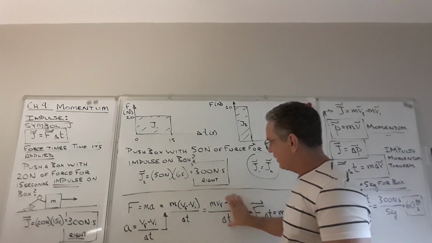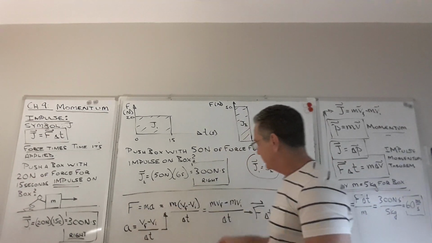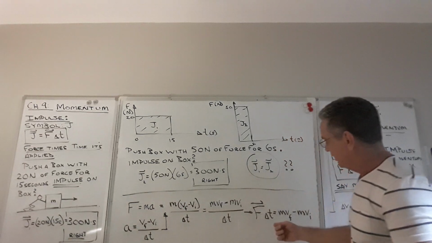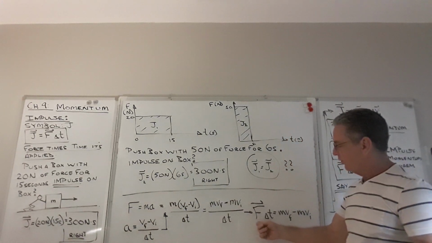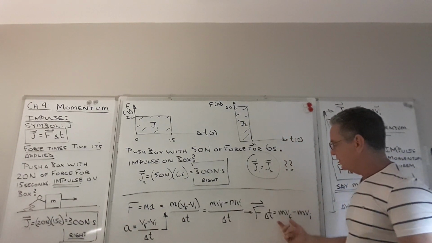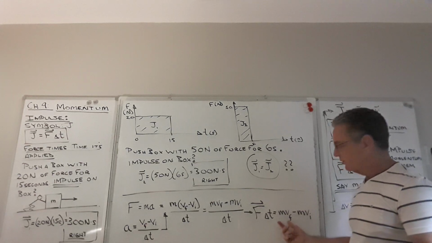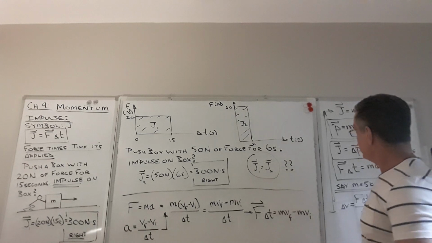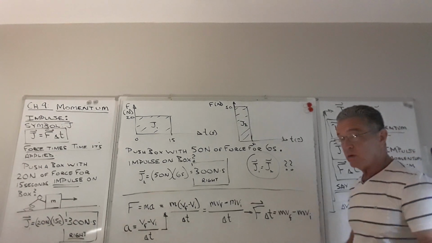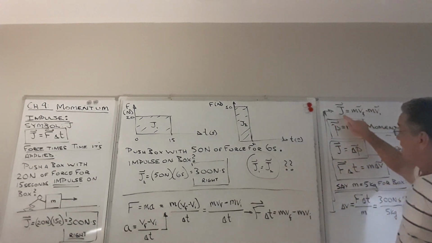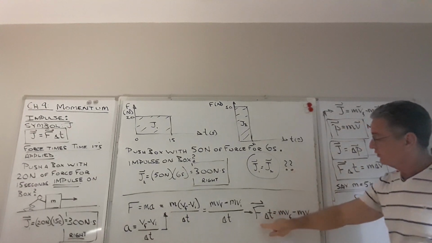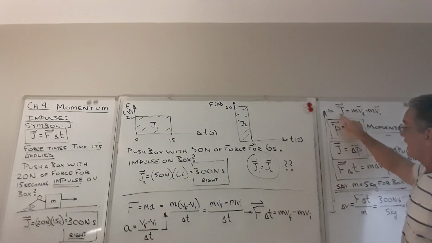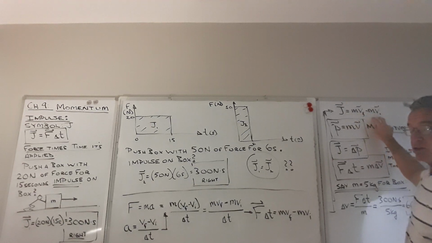And now if we multiply both sides of this equation by delta t, the delta t comes over here, and we end up with the force times the time the force is applied is equal to mass times the final velocity minus mass times the initial velocity. So you can say that J, the impulse, which is the force times the time the force is applied, acting on the box is going to be its mass times its final velocity minus mass times its initial velocity.